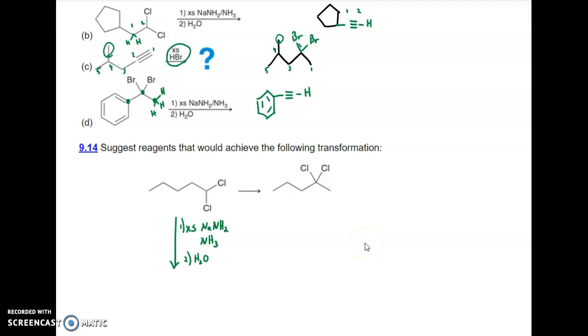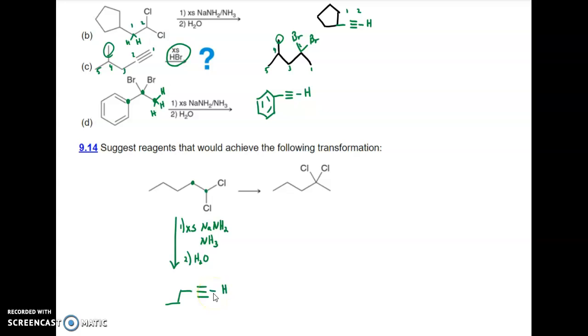So my plan here is going to be to make a triple bond between these 2 carbons and then re-add the chlorides to my triple bonded molecule. So I'm going to treat with an excess of the amide in liquid ammonia, and then treat with water, and I will get the following compound.